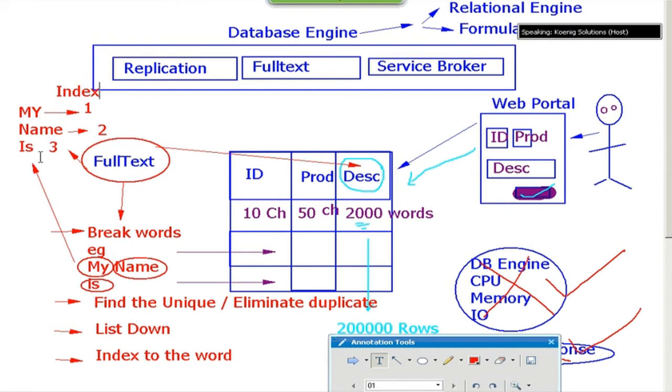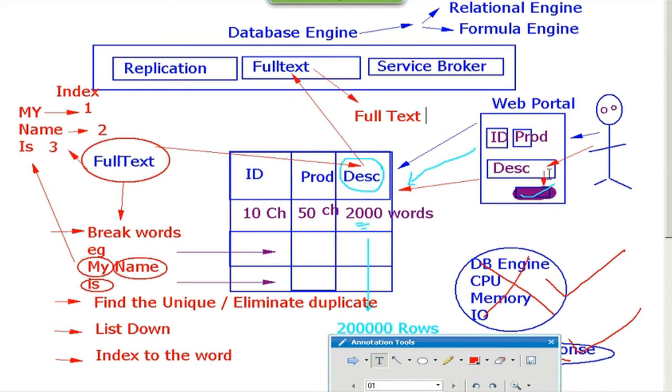Now once you have those words, all these indexes are assigned to those words. Whenever somebody searches on this, let's take an example: this person does a search here and presses the submit button. As soon as he does that, the request goes to the database engine, and it sees that whatever is being queried is available inside the full text. So I will give charge to the full text engine.